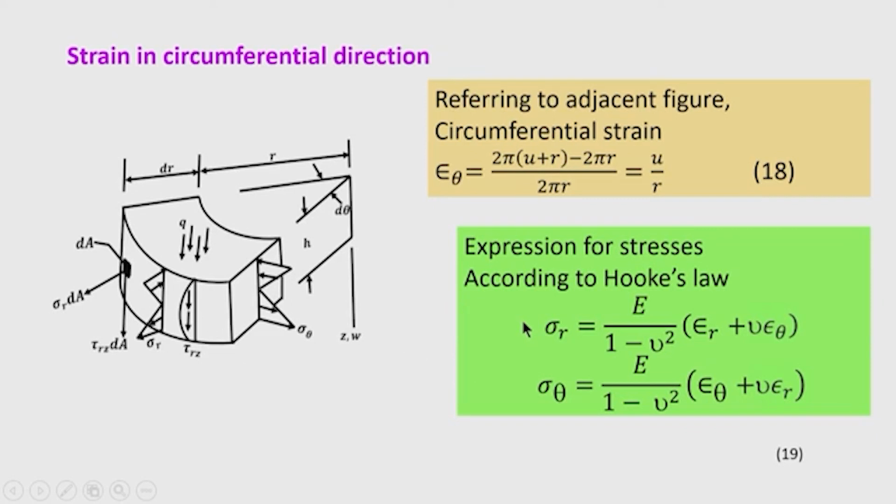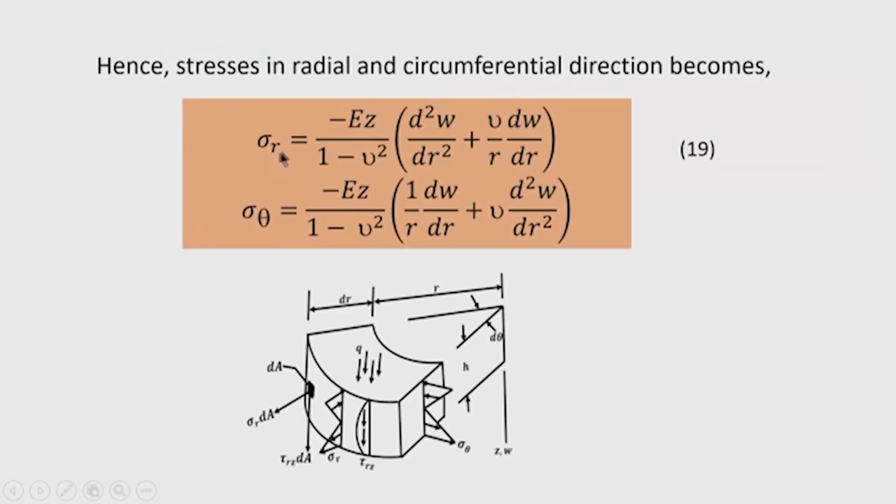From the distance measured from the neutral surface, positive upward and negative downward, we can express sigma r equal to minus E z, where E is the modulus of elasticity of the material of the plate, divided by 1 minus mu square, into the bracket d square w by dr square plus mu by r dw by dr. Here only the total derivative is of importance, because the partial derivative has no meaning here, because w is a function of only one variable.